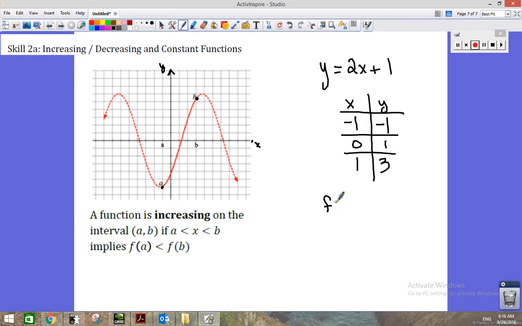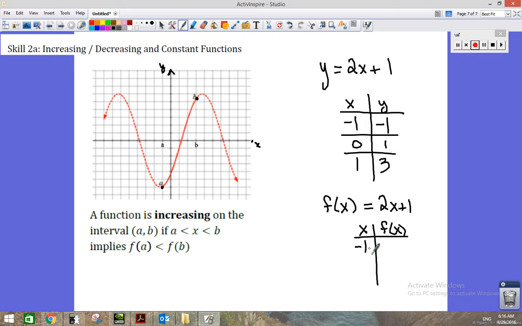Now, instead of writing y, we use function notation and write f of x equals 2x plus 1. So when you see a table, they no longer use a y, they use this f of x.